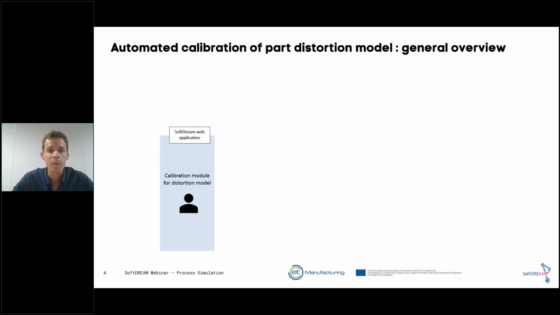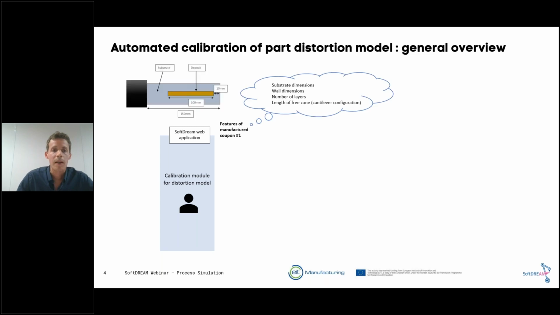In the Softdream web application, there is a calibration module that is addressing both distortion model and thermal model. I will only present here the distortion model calibration. So the end user is asked to manufacture a dedicated specimen coupon with some dimensions that are suggested.